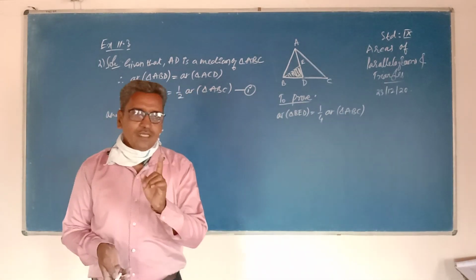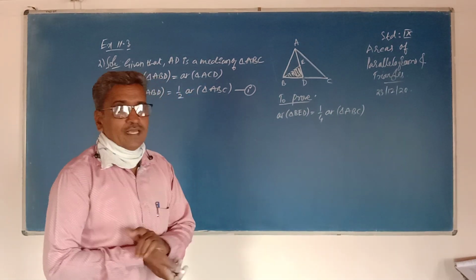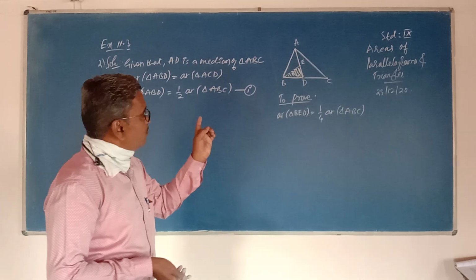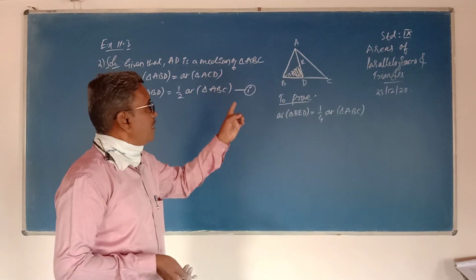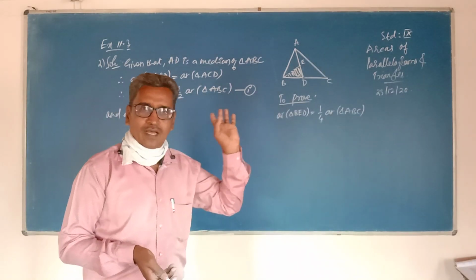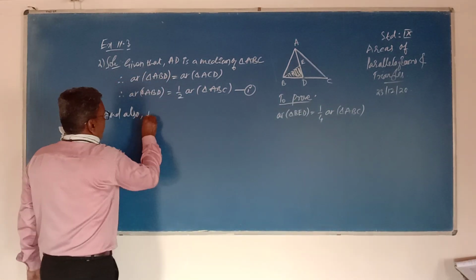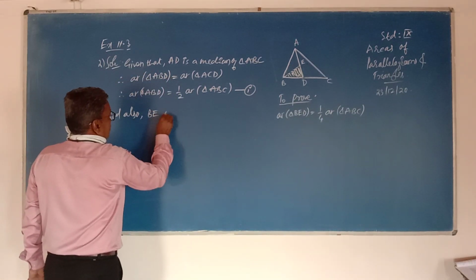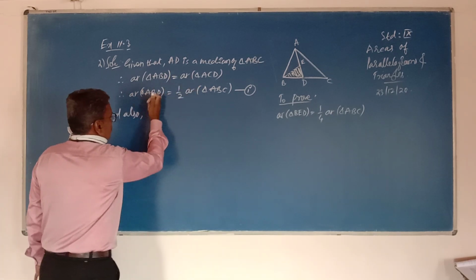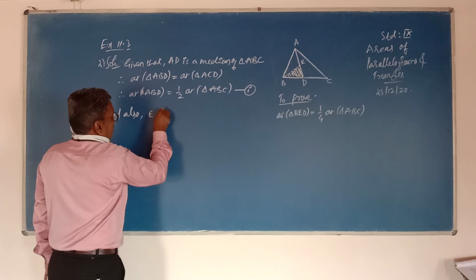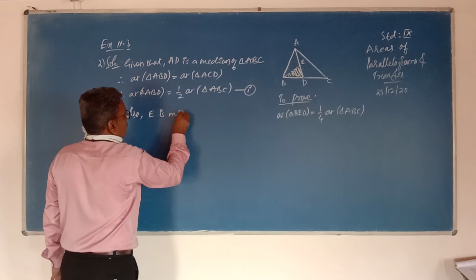Yes, E is the midpoint of AD. Therefore, BE is median of triangle ABD. Correct? Yes.